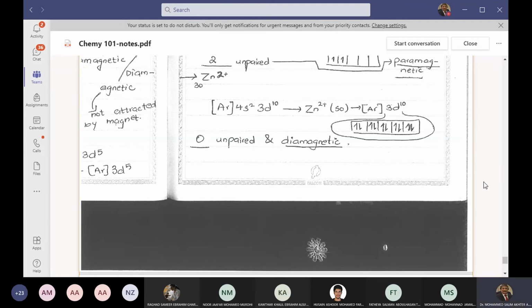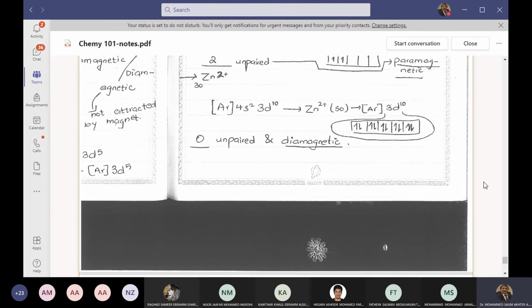Okay, my friend, I got the answer from Muhammad. Ni 4 plus: 28 is the atomic number, so Ar 4s2 3d8. First the normal configuration.